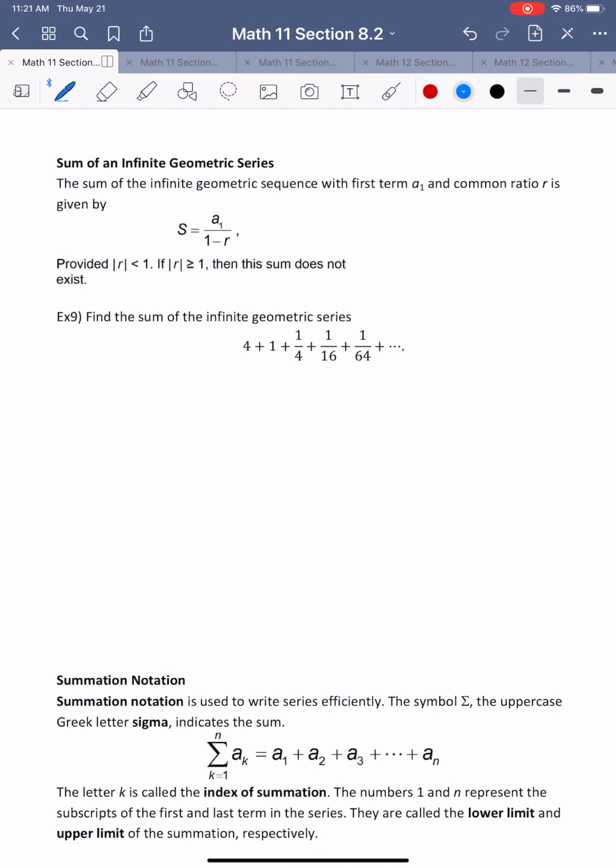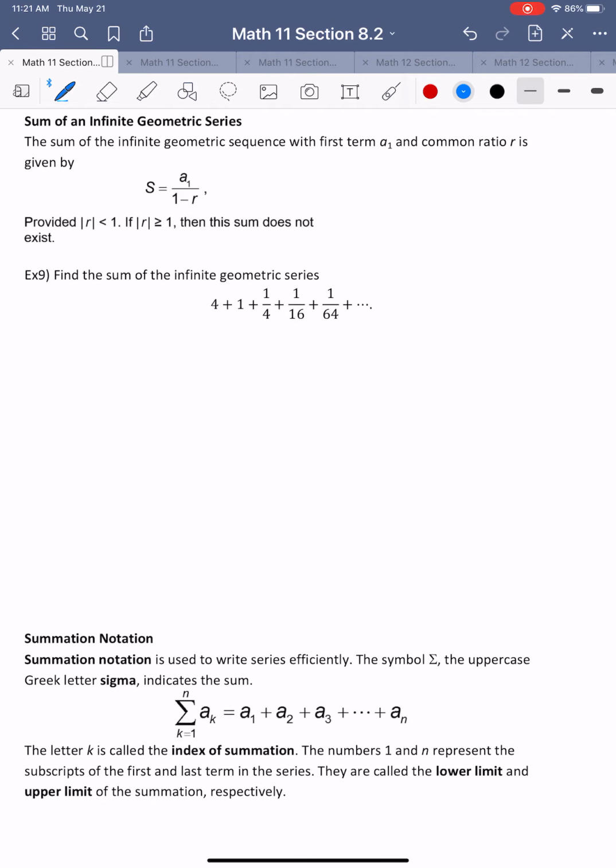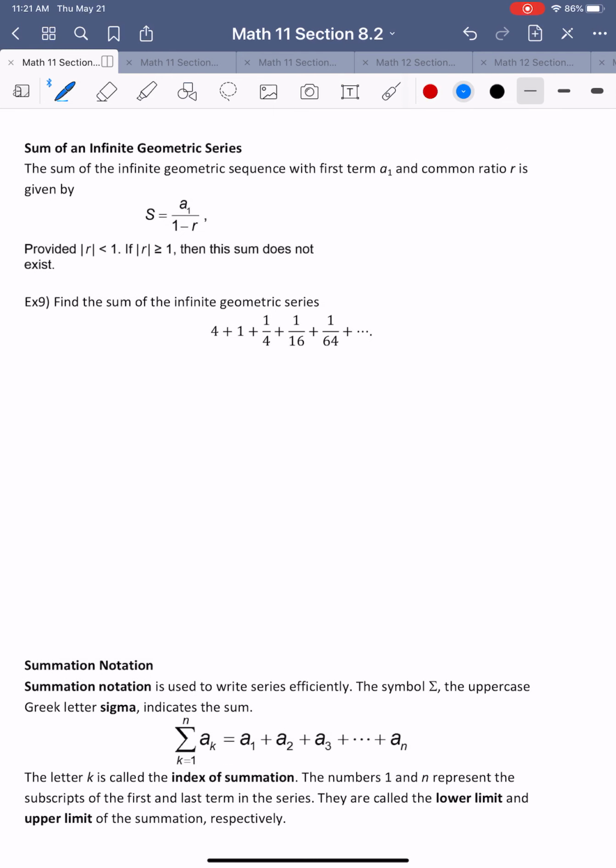Okay, and then the sum of an infinite geometric series. This time there's a way that we can define the sum of infinitely many terms, which looks impossible, but it is possible, okay? But there's a condition: r must be between 1 and negative 1.